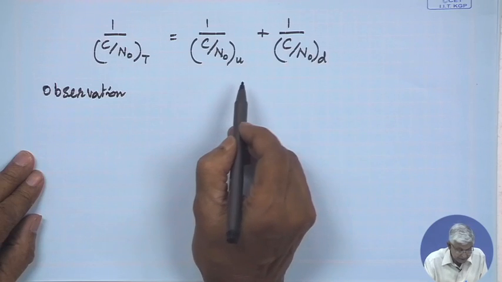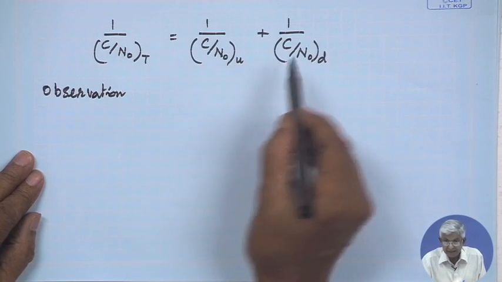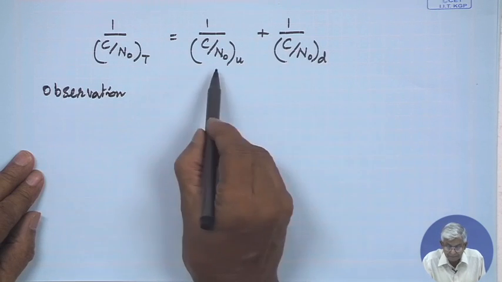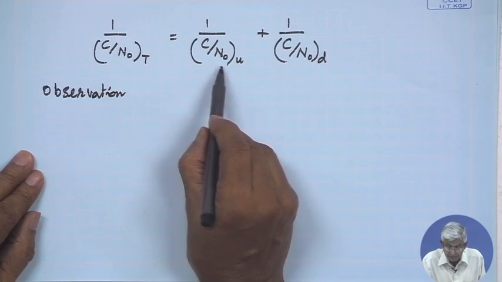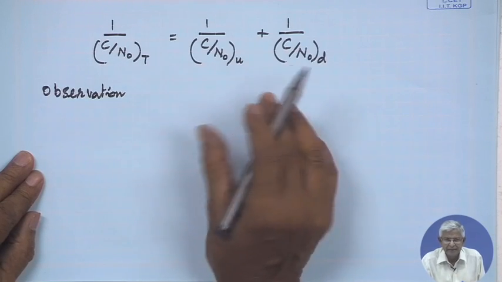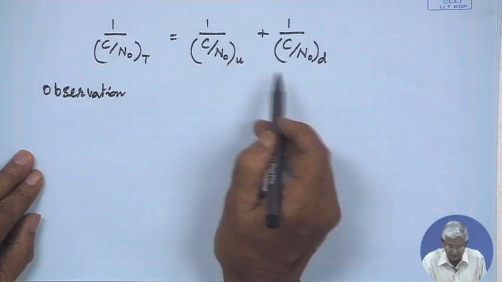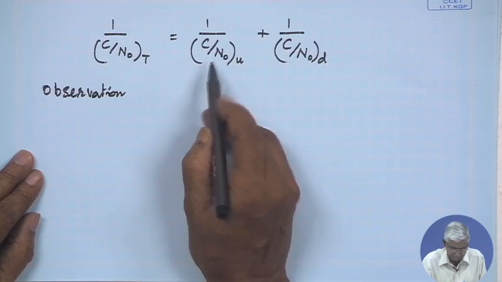You can straightaway see that if C by N0 uplink and C by N0 downlink are somehow made the same, it is called a balanced link. If I make it a balanced link, what is the effect?